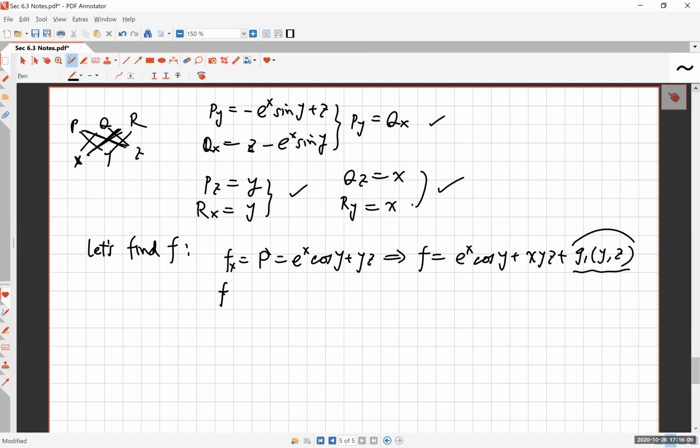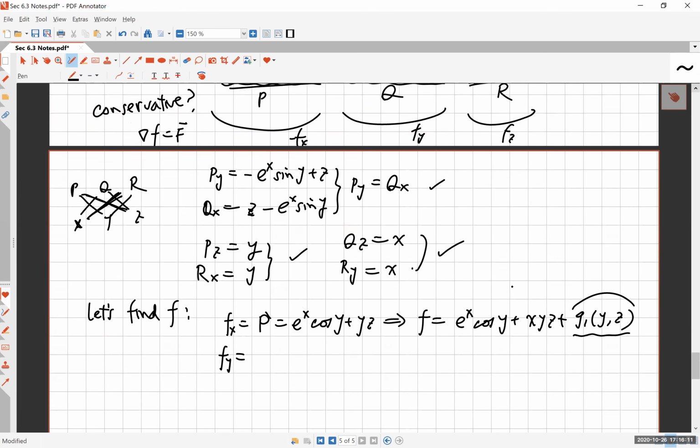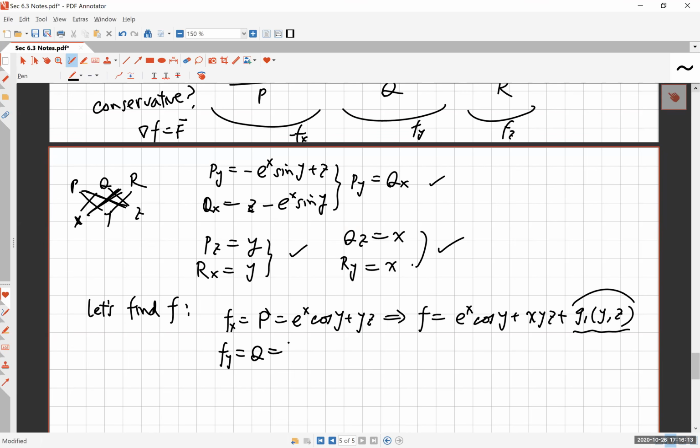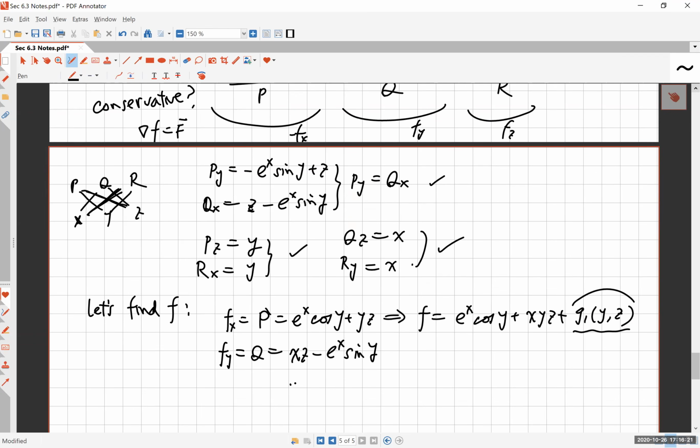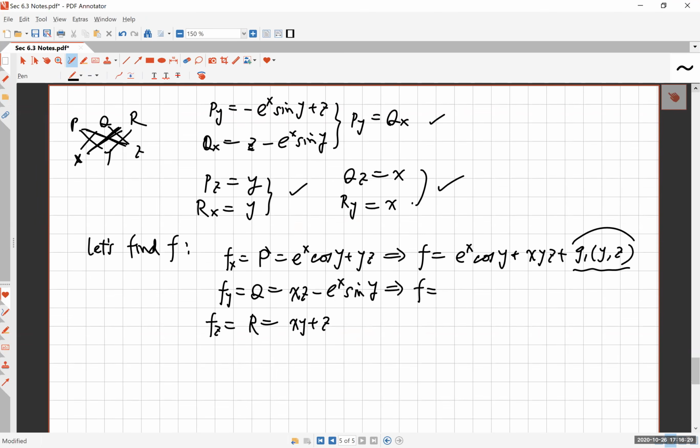All right, so fy has to be this Q, and the middle one is xz minus e to the x sine of y. Let me just go ahead and write this. The last one to check is this, right? The middle one says my f must look like Q after being differentiated with respect to y.